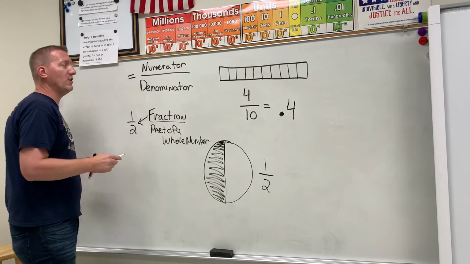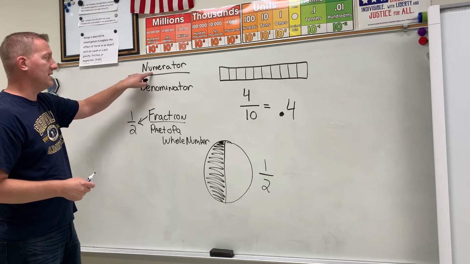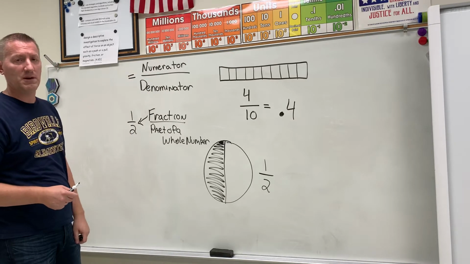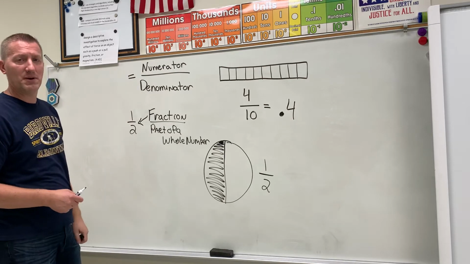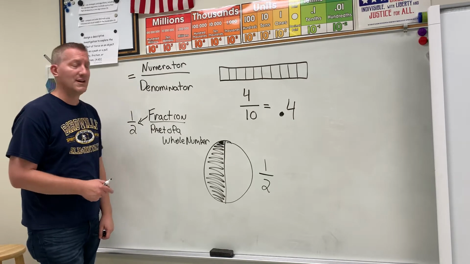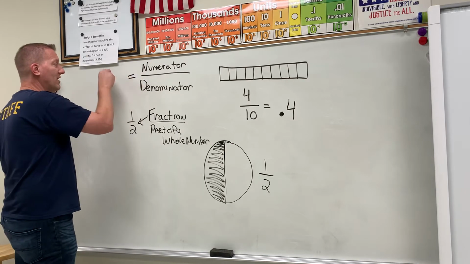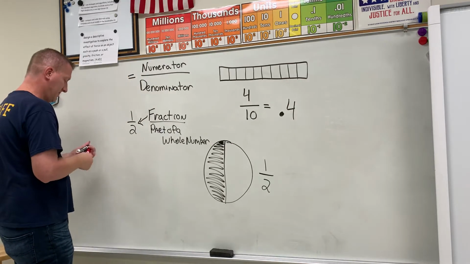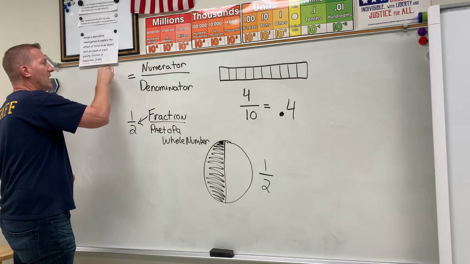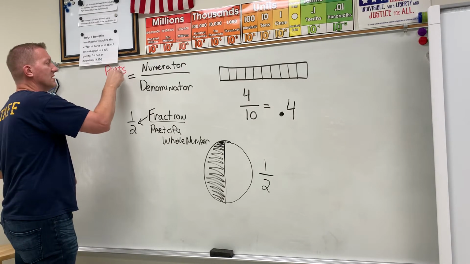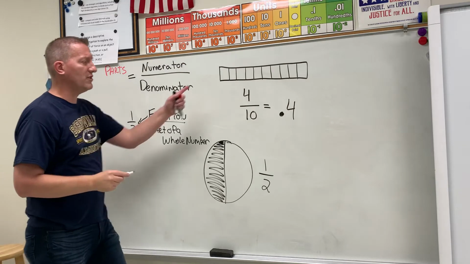Now, when you have a fraction, it's separated into two parts. The top part is the numerator. The bottom part is called the denominator. The numerator are the parts.